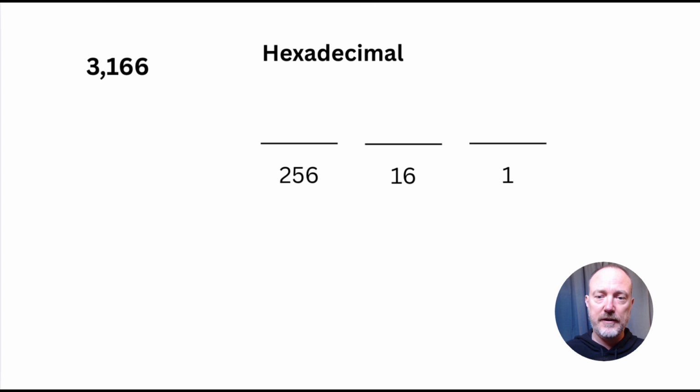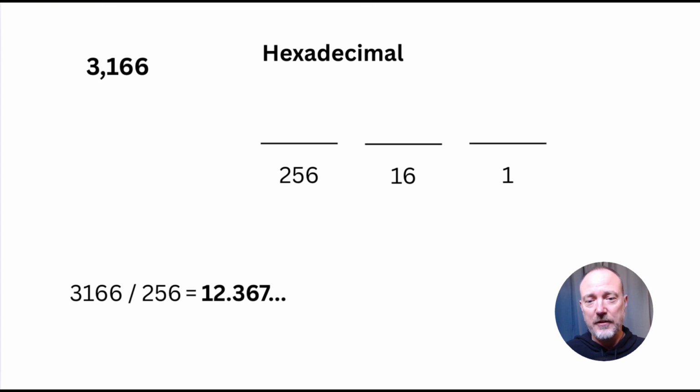Now what we have to figure out is how many 256s we have inside that 3166. To do that, we divide 3166 by 256. That gives us a number of 12.367, on and on. We're not too worried about the fractional value here. We just want the whole numbers.